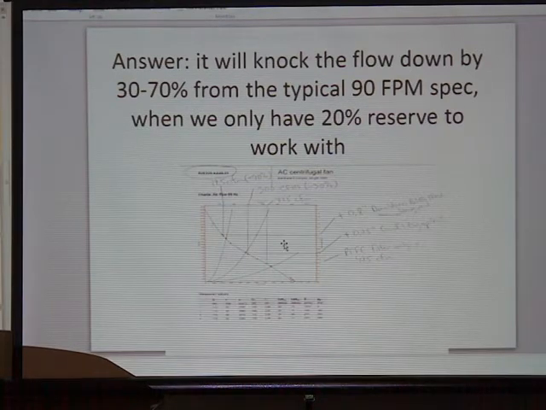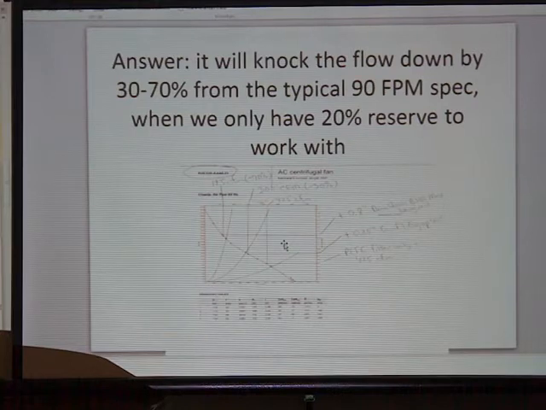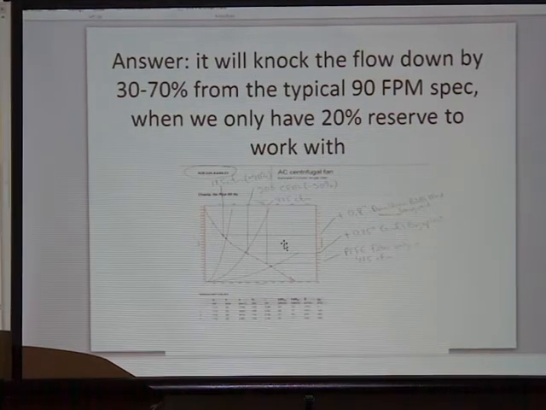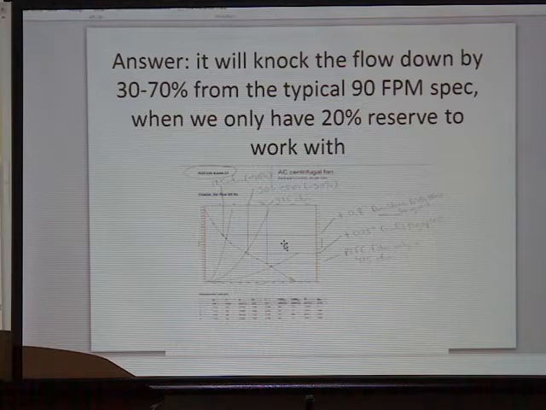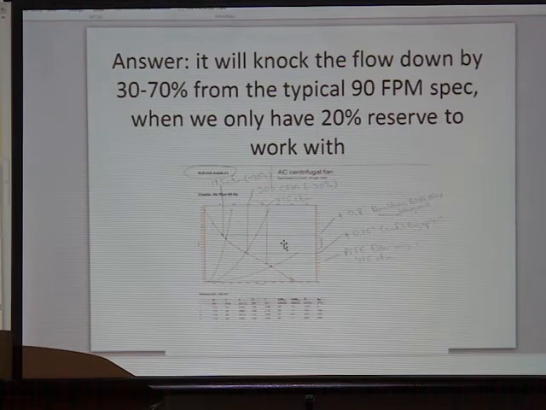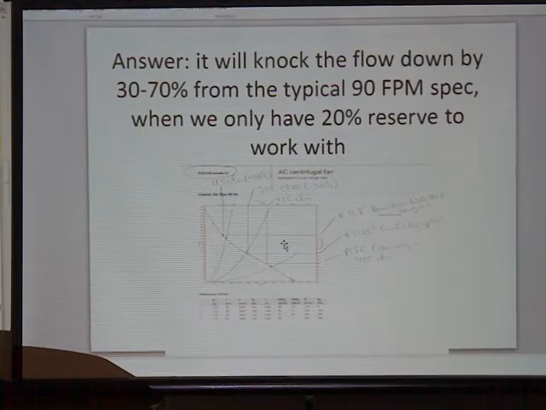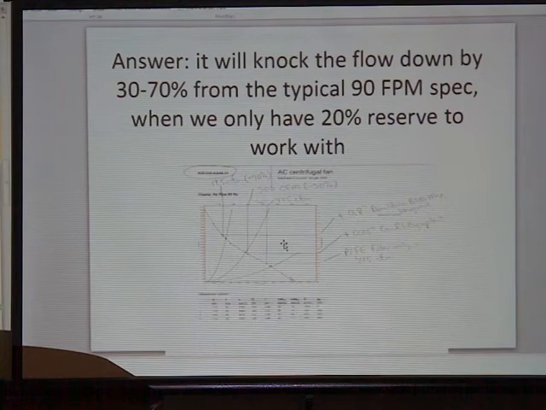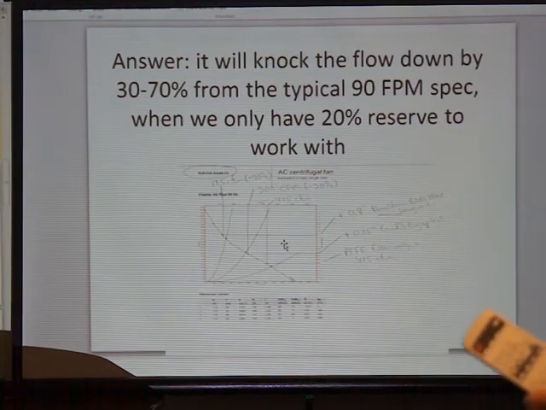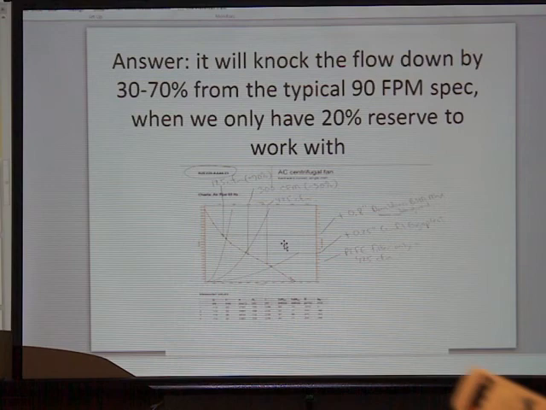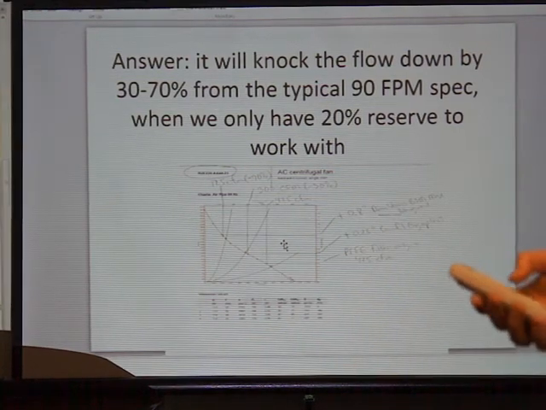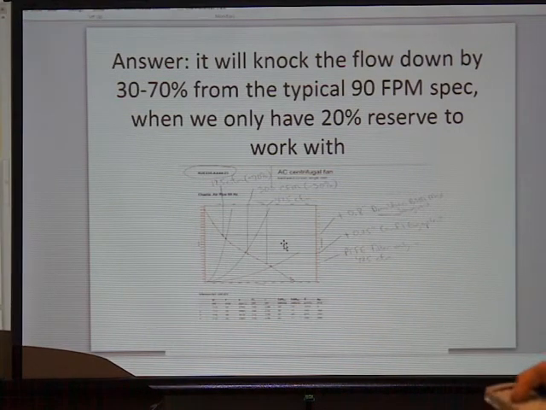Here's the pressure drop, here's the area where you've got 0.48 inches, you got about 425 CFM, but if you add 2/10, like you would with the Camfil Gigapleat, it drops down to 300 CFM, and if you add 8/10, it drops clear down to 125 CFM. So the answer is you're losing between 30 to 70% of the flow when you've only got 20% reserve. So hopefully that's pretty obvious from an engineering standpoint that you can't just throw an AMC filter on a fan filter and expect it to work.